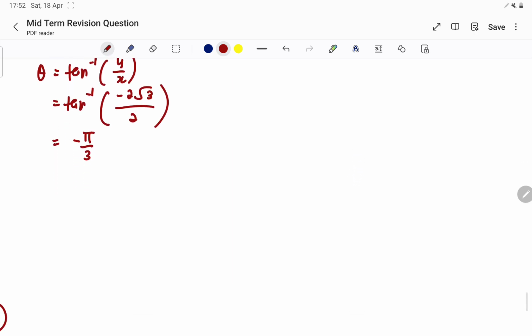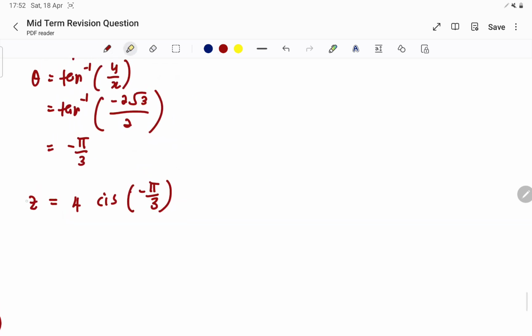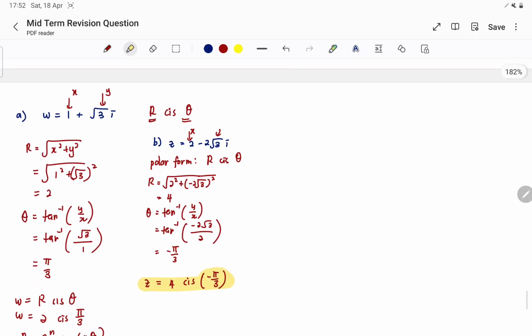So from here, you already got the answer. The polar form of the complex number Z is equal to 4 cis negative pi over 3. So this is your answer for this question. Okay, settle for this one.